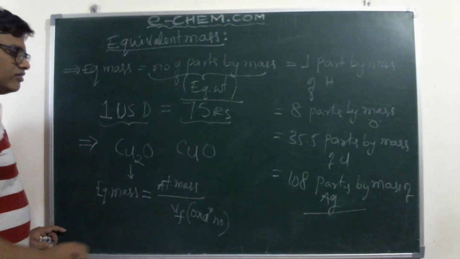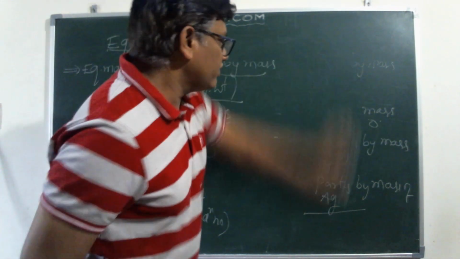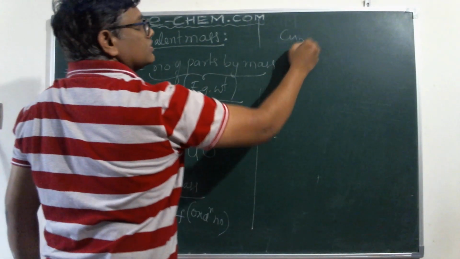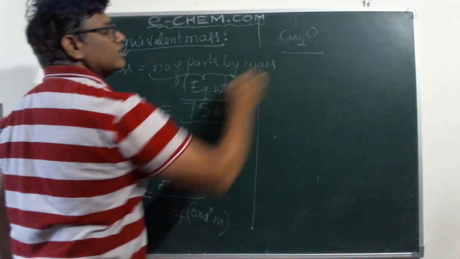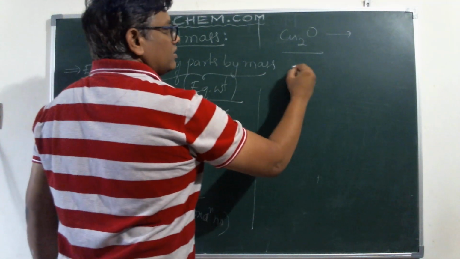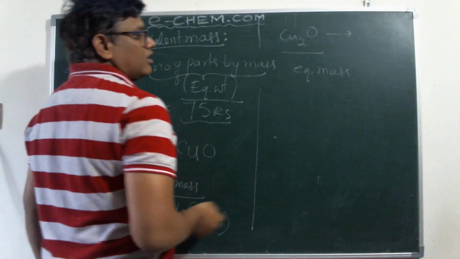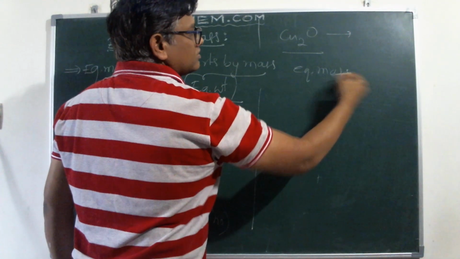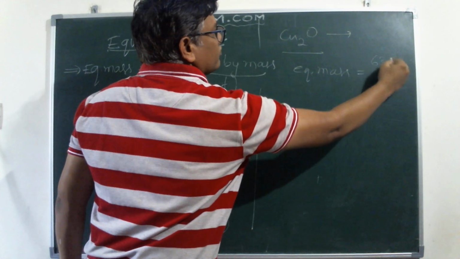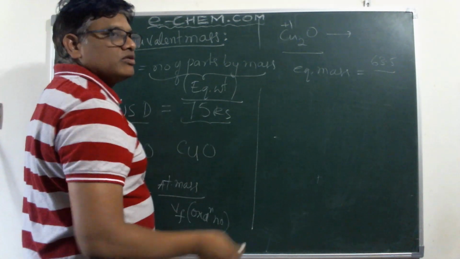Now if I want to calculate the equivalent mass of copper in Cu2O, case 1, it is equal to the atomic mass of copper, 63.5, divided by its n factor, which is to be taken as +1.